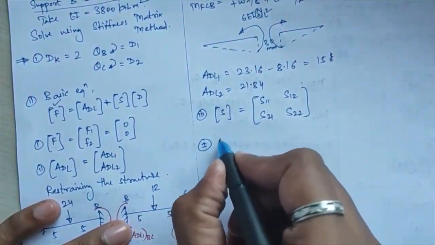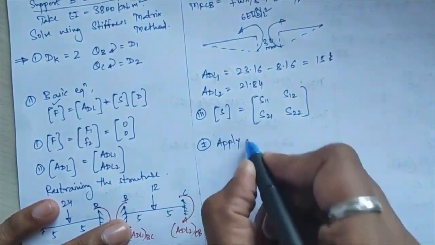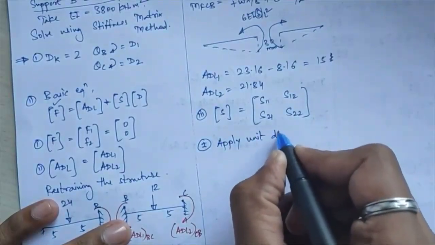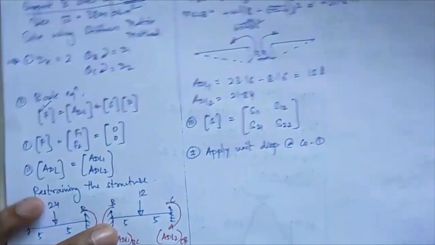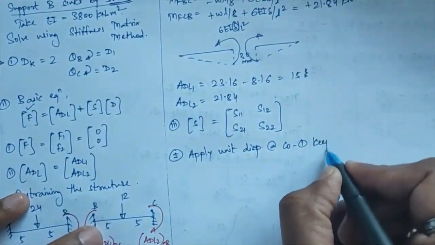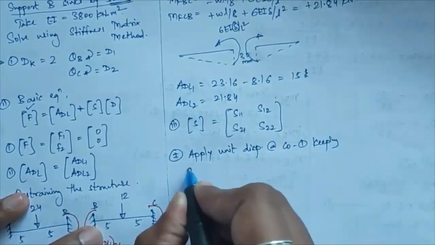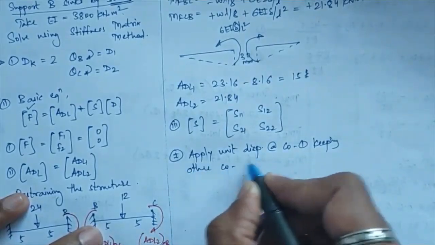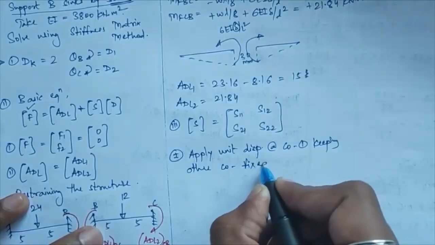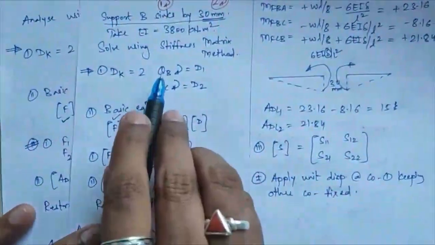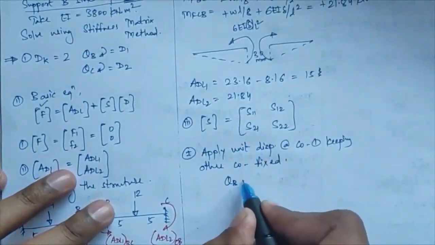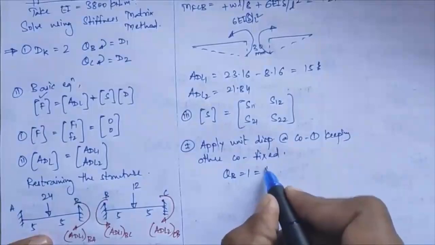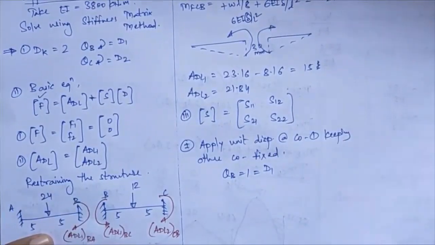So here I will write: applying unit displacement at coordinate 1, keeping other coordinates fixed. Okay, that means we are looking at theta B. So here your theta B will be equal to 1, that is nothing but your D1 value, right?